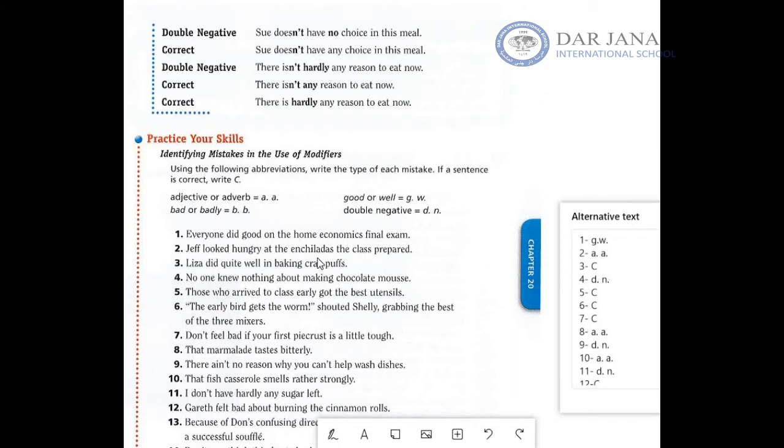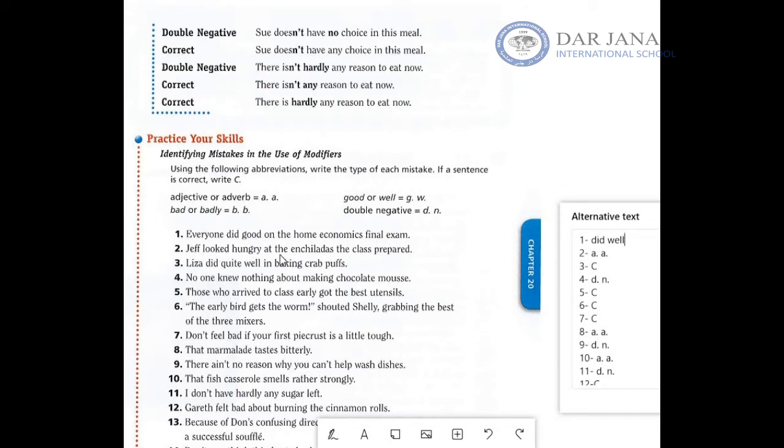The first sentence had the problem of good or well, so the correction is the use of well instead of good. So we write, everyone did well. Everyone did well on the home economics final exam.